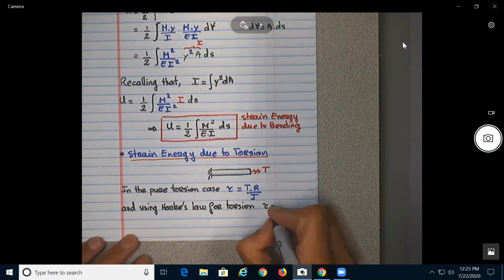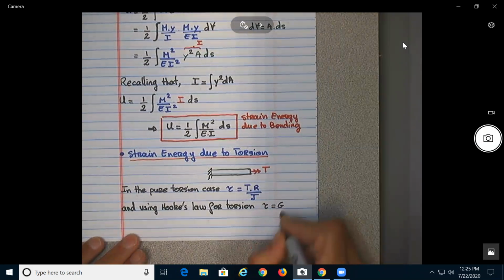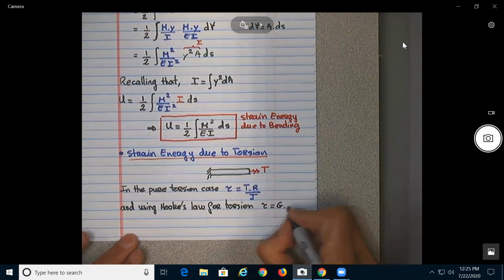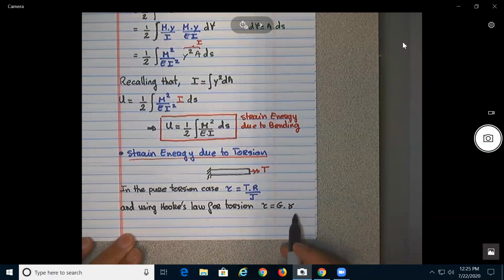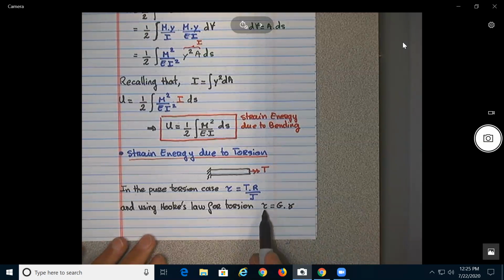Is tau equal to what? G times what? Gamma, which is the angle that it deforms, okay? So this is equivalent to the sigma equal E epsilon. All right.